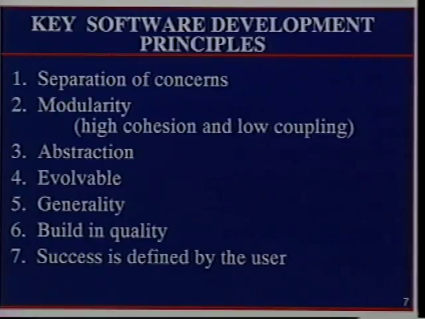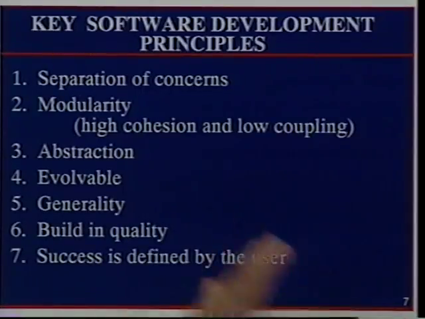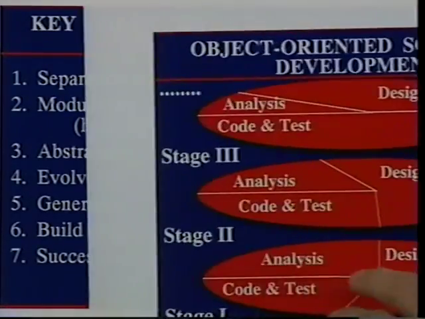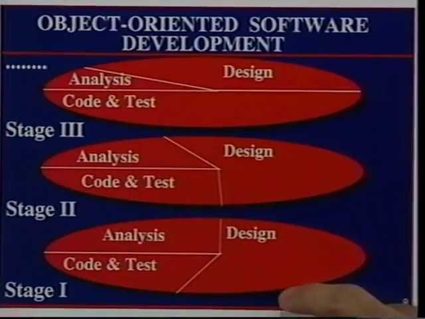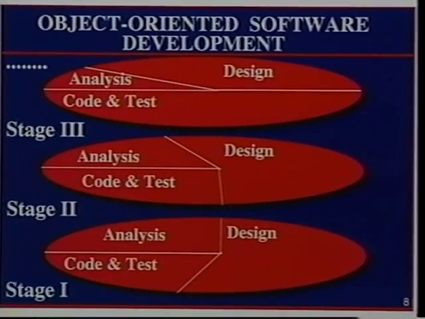We can evolve the objects in a fairly flexible manner by subclassing and adding new features. And generality, building in quality, and success are the same whether you are talking about object-oriented systems or conventional software development systems. So there are some features which are unique to object-oriented systems, and certain features which are common in whichever language or methodology you use.